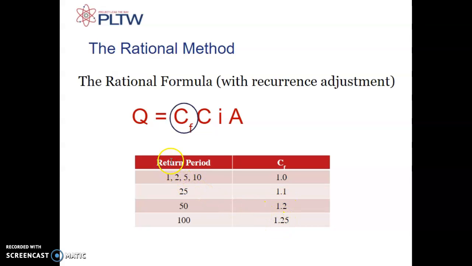It's going to be dependent upon the return period. Your return period will be given to you in your problem. This is talking about years. A return period of 1 year would be a storm that would naturally occur at least once a year. 50 years would be a storm that would naturally occur once every 50 years. Same thing with 100, 25, 10, so this is all in years.